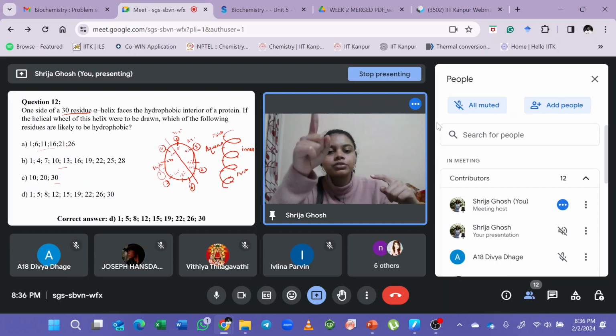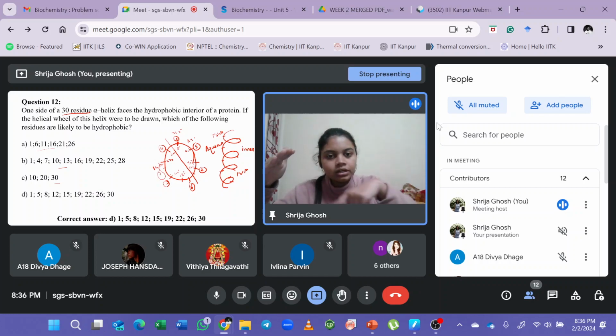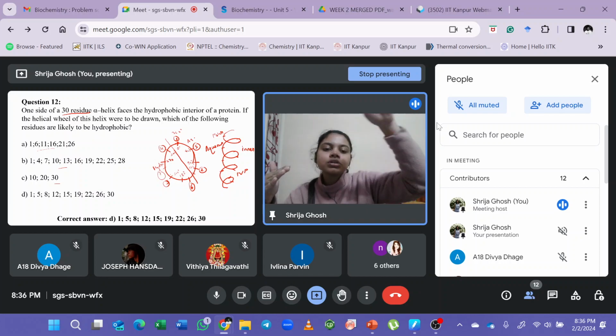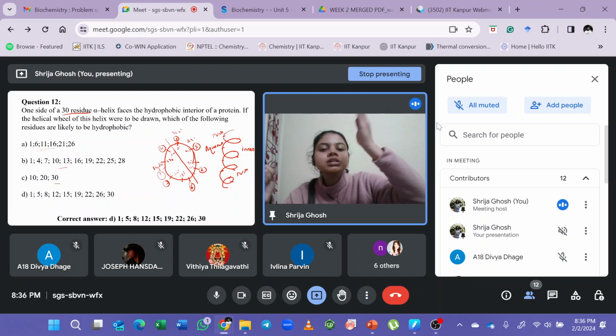So first amino acid, then after that at the 100-degree position, whichever amino acid is there, that would be second. Then again you go 100 degrees, so 200 degrees from the start, 100 from the second, that would be the third amino acid, and so on. You have to name each amino acid.